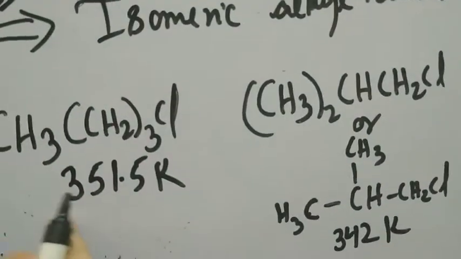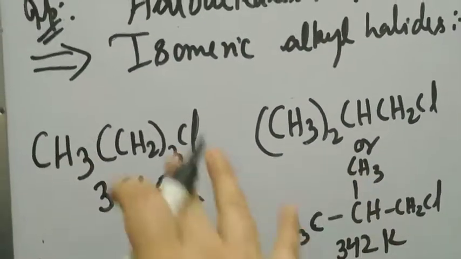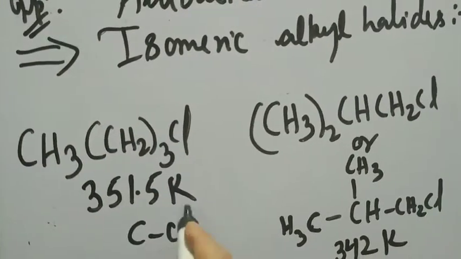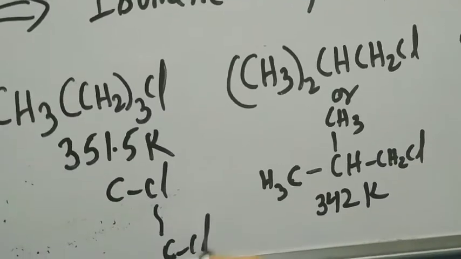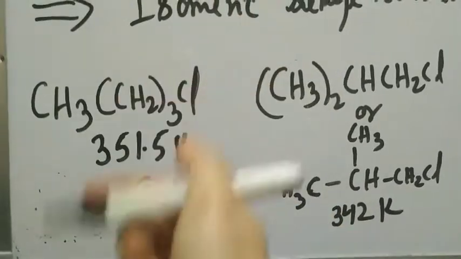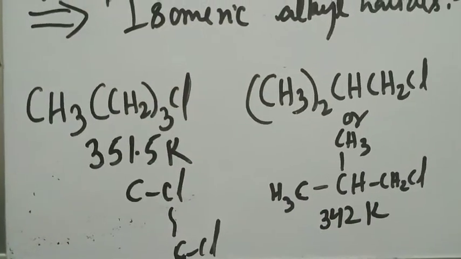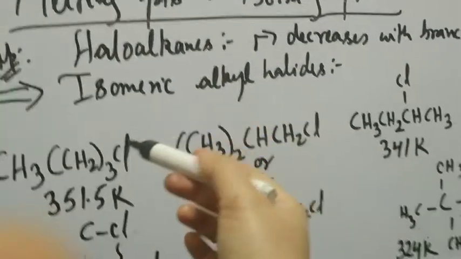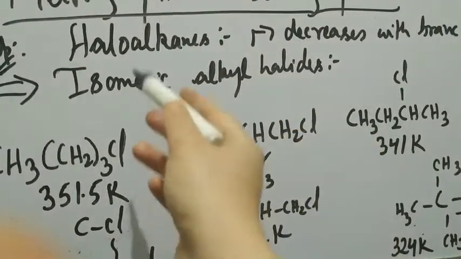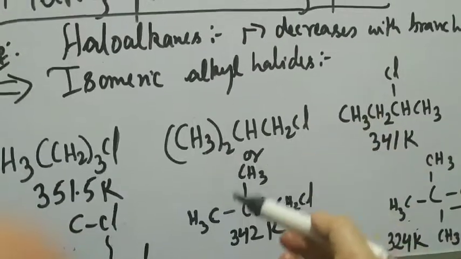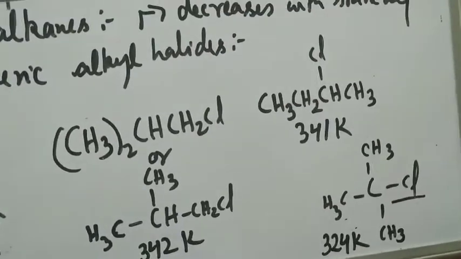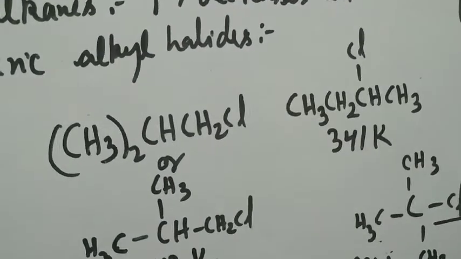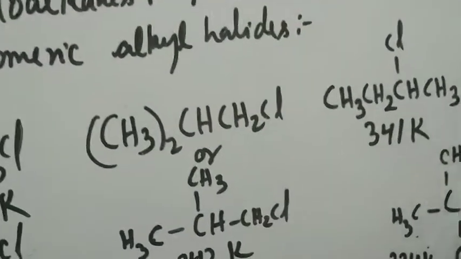Look at this. This is 1 chlorobutane, a straight chain. The polar C-Cl bond of one molecule can very easily interact with the polar bond of another molecule. That is why the boiling point is 351.5. So again, quickly summing it up, in isomeric alkyl halides, boiling point decreases with branching because with branching, intermolecular interactions decrease. Right?